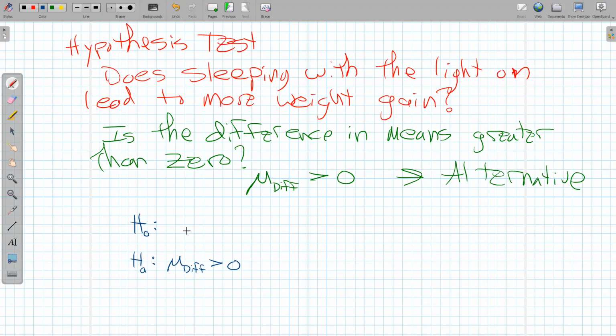And the null hypothesis could either be the opposite of this, which would be less than or equal to, or it could just be equal to. And I usually go for the simpler version, which would be just equal to. And again, if it's equals 0, there's no difference. So the interpretation in common language is no difference.